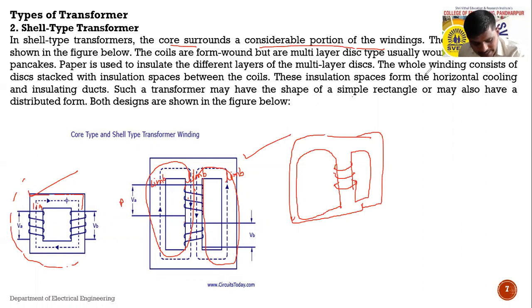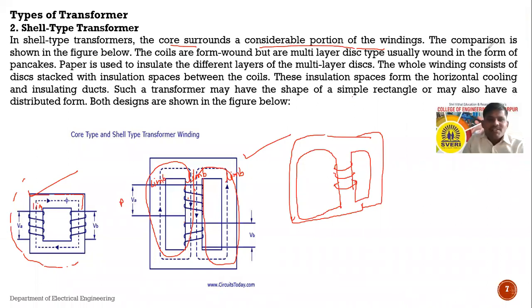Now again, in case of shell type transformer, the coils are form wound but multi-layer disc type. Okay, याच्यामध्ये ज्या काही coil यूज केलेल्या आहेत, so the coil used in case of this shell type transformer is again form wound but multi-layer disc type. या ज्या काही coils असतील, या multi-layer disc type असतील. Okay, so I think you people understood the word disc. Disc is nothing but disc type.